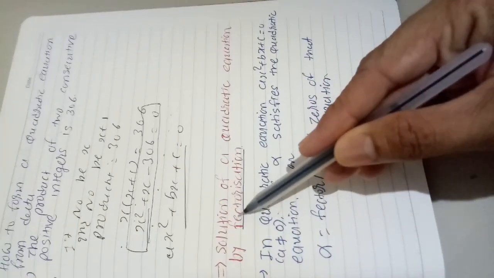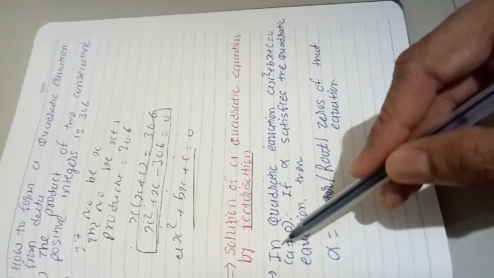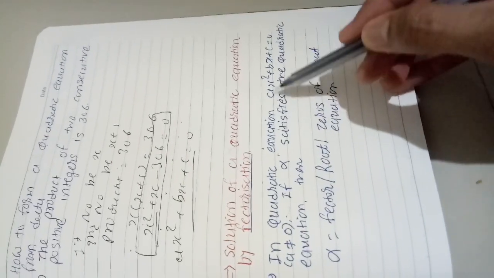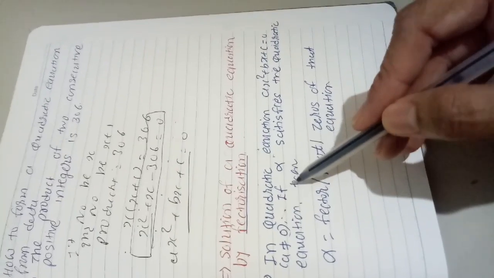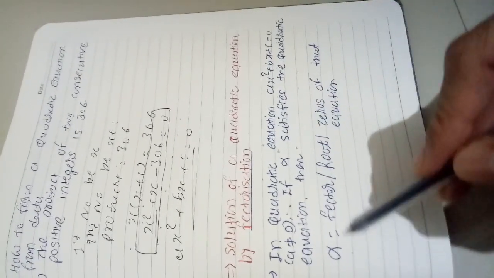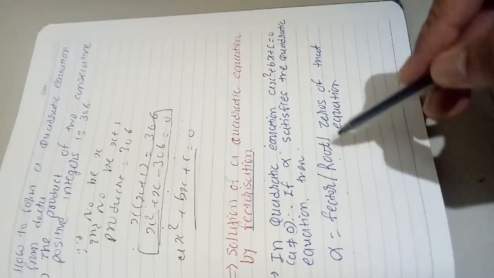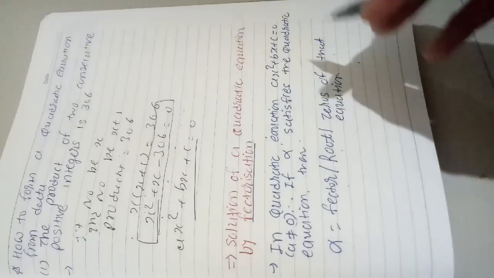Now let us see another method, solution of a quadratic equation by factorization. In a quadratic equation ax square plus bx plus c is equal to 0, where a is not equal to 0, if alpha satisfies the equation, then alpha becomes your factor, your root or zero of the equation. You can say all of these or any of these.